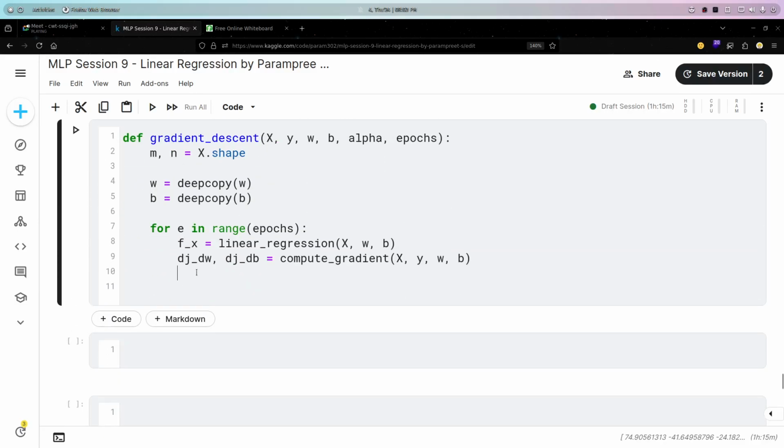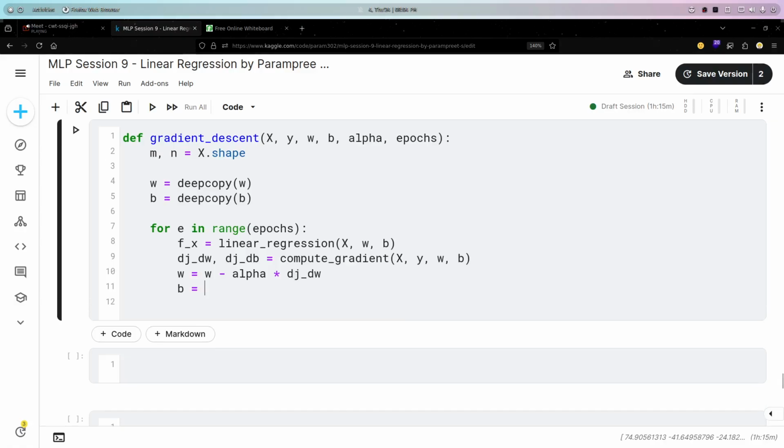So the same thing we will do here. w equals w minus alpha into dj dw, and the same thing we will do here: b equals b minus alpha into dj db.